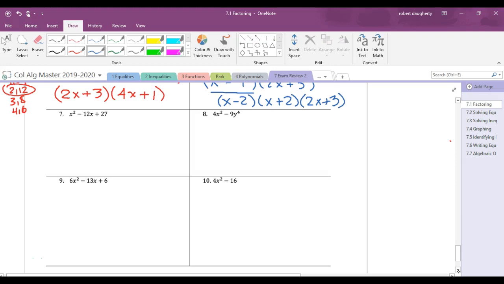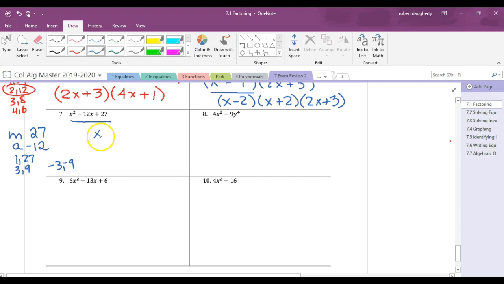Let's look at this one. This is factoring a trinomial. I need two numbers that multiply to 27 and add to negative 12. Factors of 27 are 1 and 27 and 3 and 9, and that is going to be it. So I can do a negative 3 and a negative 9. Those multiply to 27, add to negative 12.